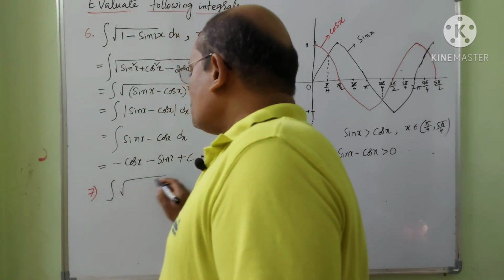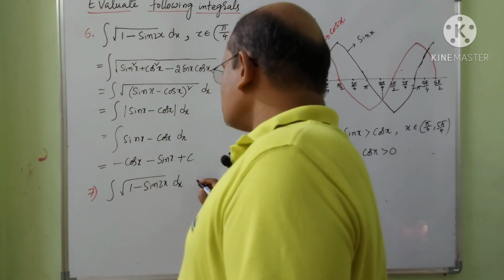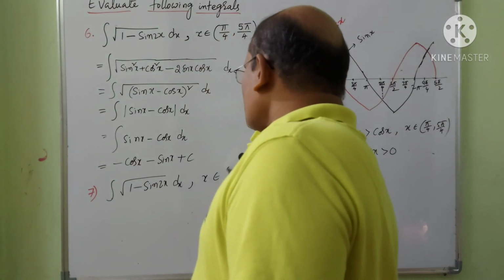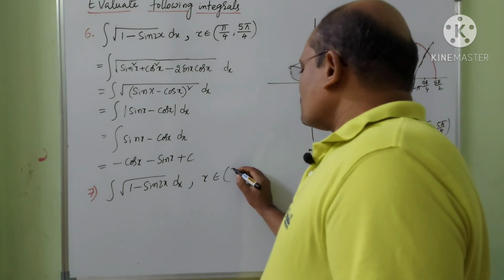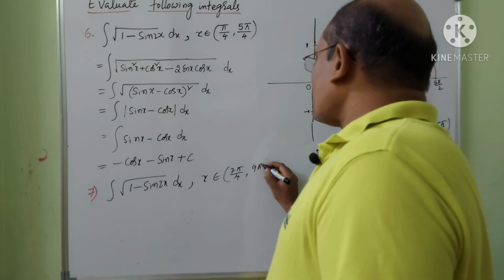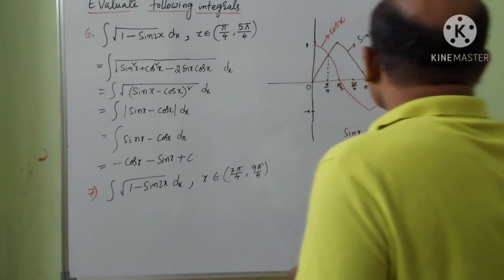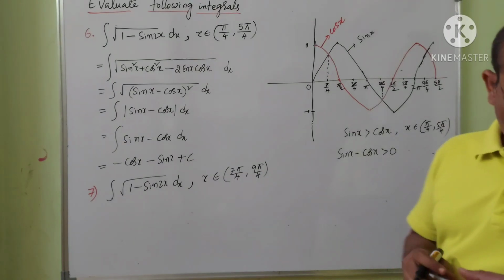Integral of root 1 minus sin 2x dx for interval 7 pi by 4 to 9 pi by 4.